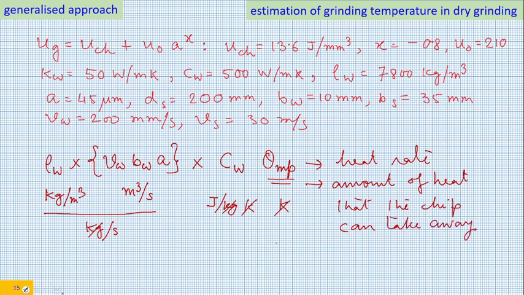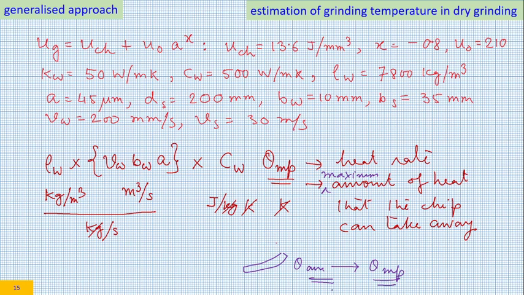Now here a small adjective has to be written, that is maximum. Why is it maximum? Because a chip which was generated at ambient temperature is going to melting temperature, and this is the maximum amount of heat it can take away.